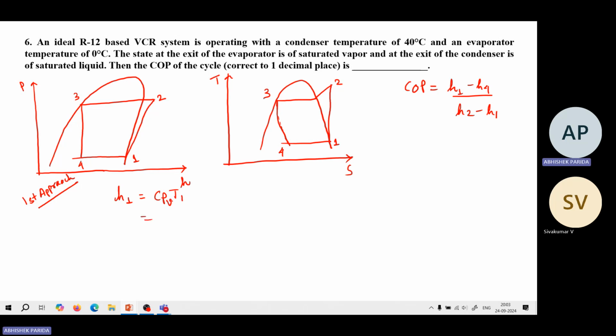So Cp vapor, or Cp gas, into T1, that is at T1 the temperature is 0 degrees Celsius. Check what the Cp value is. If it is in Kelvin, based on that, change the temperature from 0 degrees Celsius.